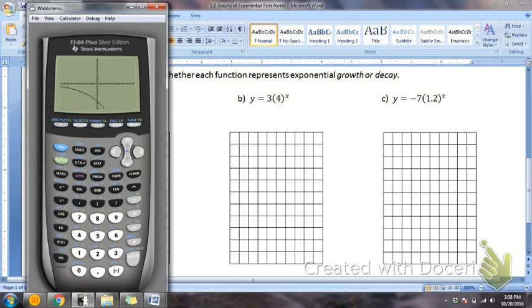Okay, so we're still going to go to our table. And some of these look like they might be hard to graph. So if we arrow up, I might start maybe at like, I don't know, -5, -4. You can pick what points you want to graph.